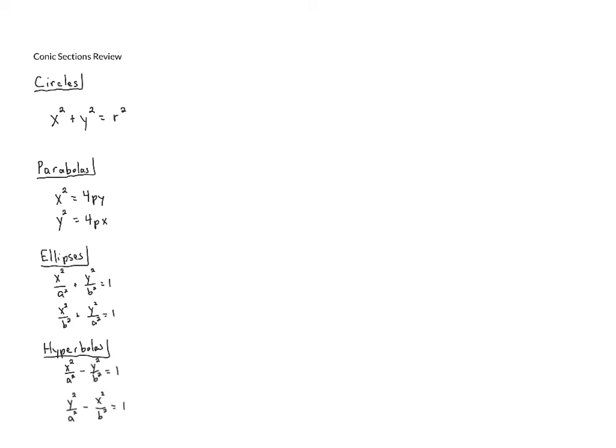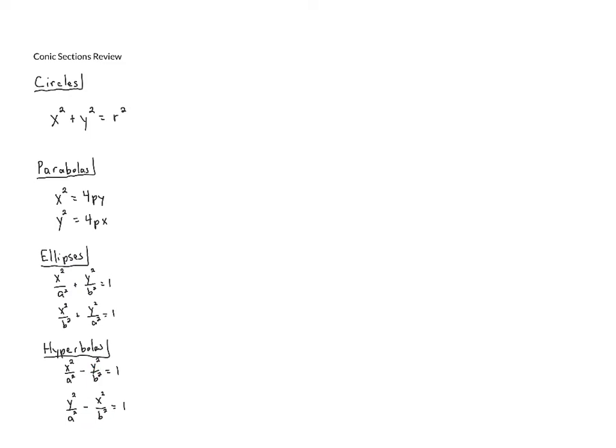So the difference between the ellipses and the hyperbolas is that with an ellipse, both the x squared and y squared terms are going to be positive, whereas with a hyperbola, one of those terms is going to be negative.